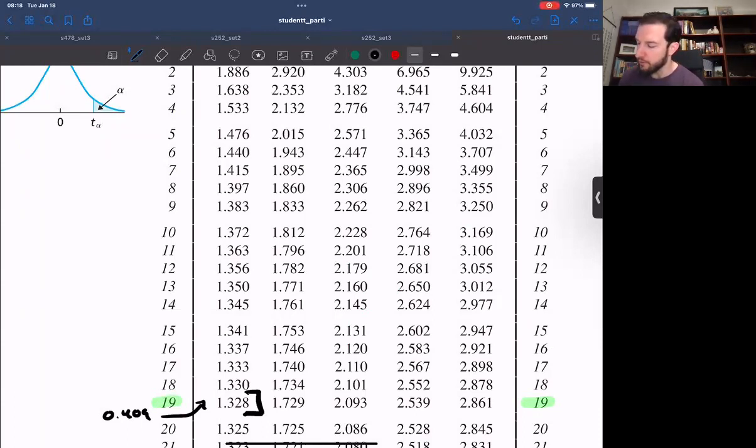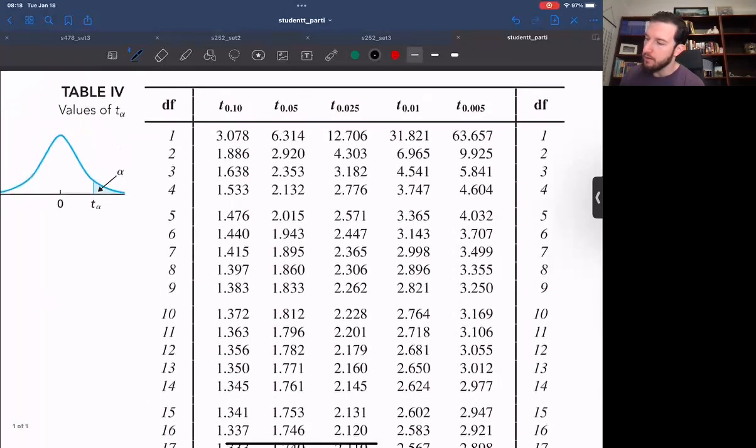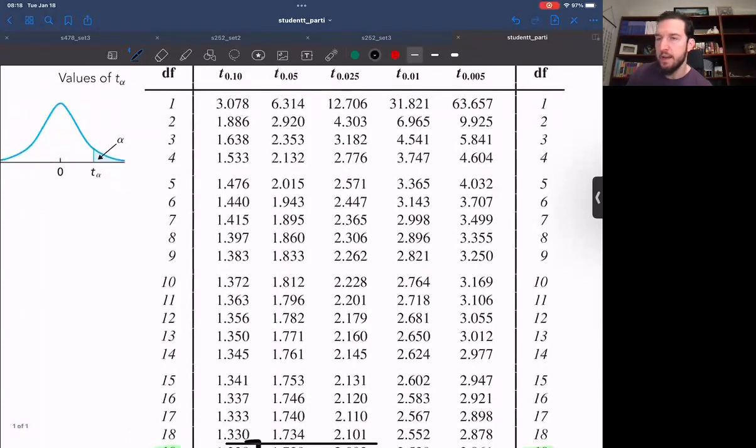So 0.409 comes before 1.328. This is telling us that the area to the right of 0.409 must exceed 0.10. So from the t table, we have learned that if your t value is 0.409, the area to its right will be greater than 0.1.